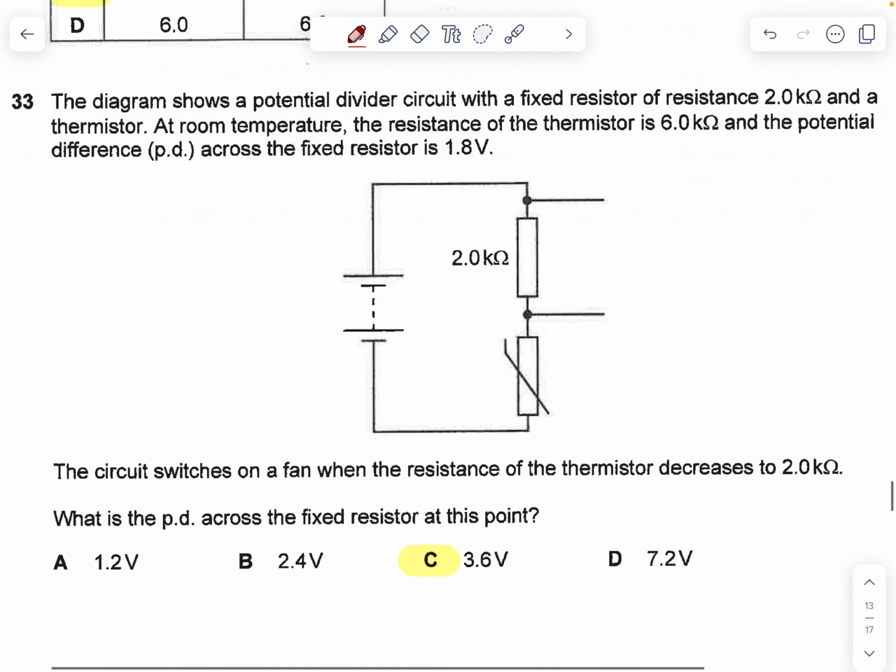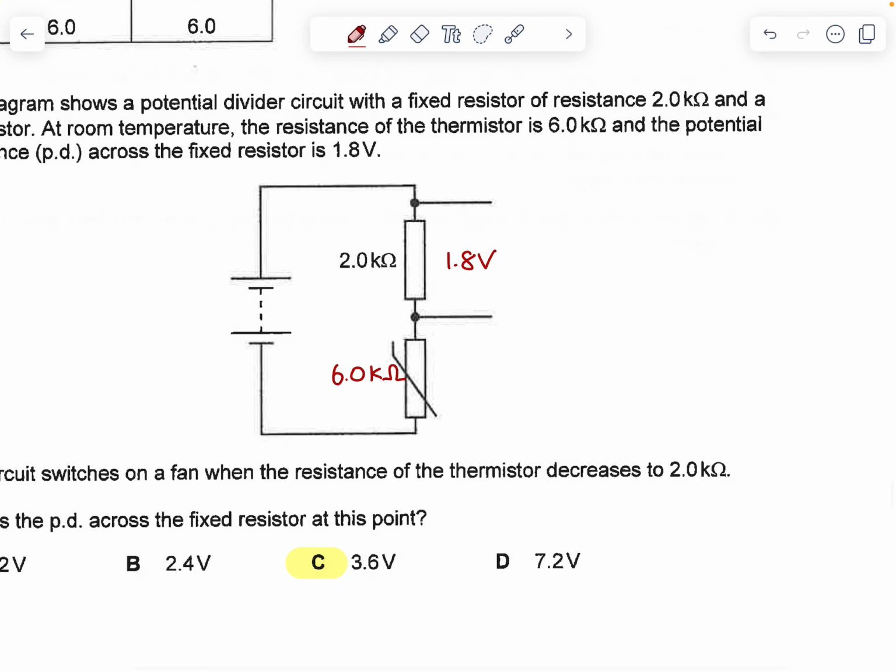Question 33. The diagram below shows a potential divider circuit with a fixed resistor of 2.0 kilo ohms. At room temperature, the resistance of the thermistor is 6.0 k ohms, and the potential difference across the fixed resistor is 1.8 volts. So just quickly using the formula, V out equals R1 over R1 plus R2 multiplied by the EMF.